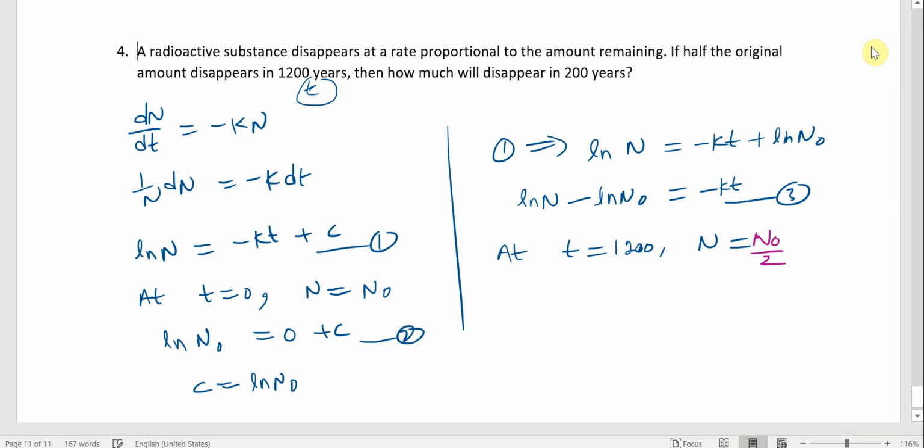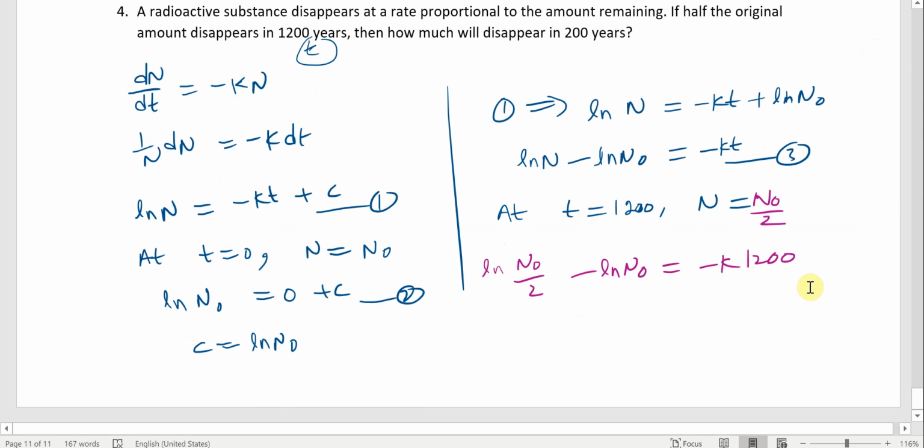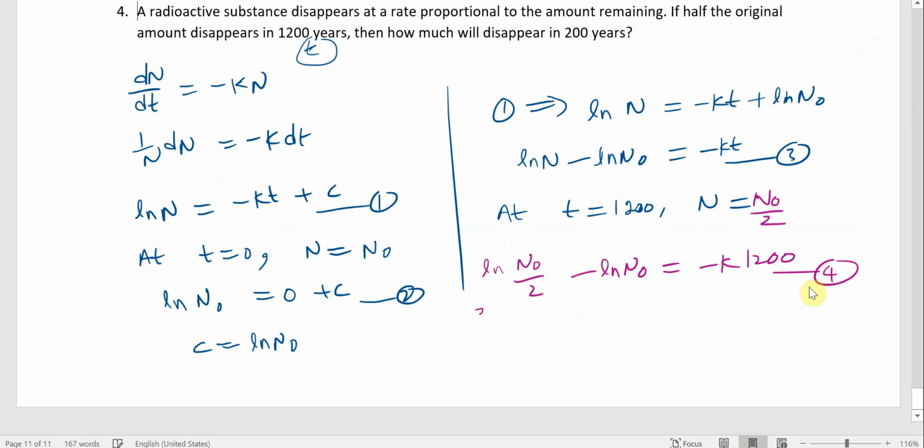Let us write this time t here and n here in this equation 3. Equation 3 will become like this. Ln n naught by 2 minus ln n naught equals minus k times 1200. So this is equation 4. Generally we divide equation 3 by 4.